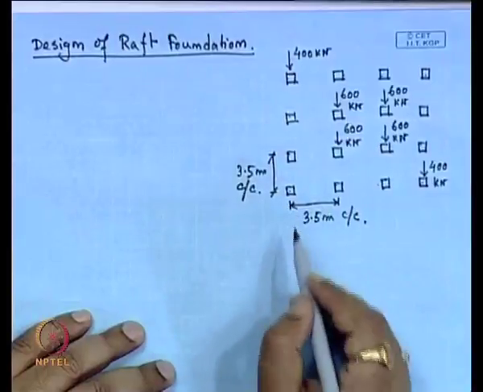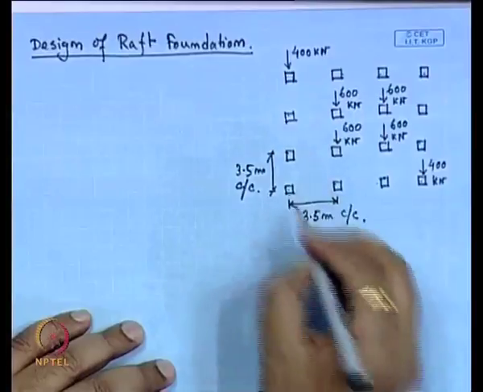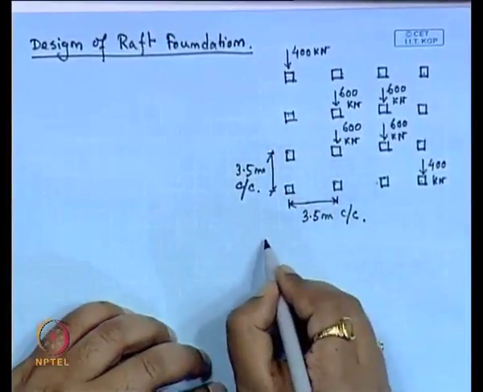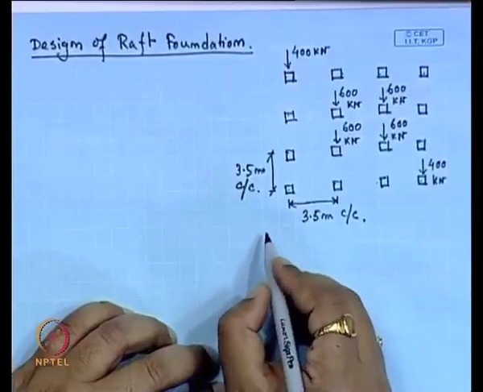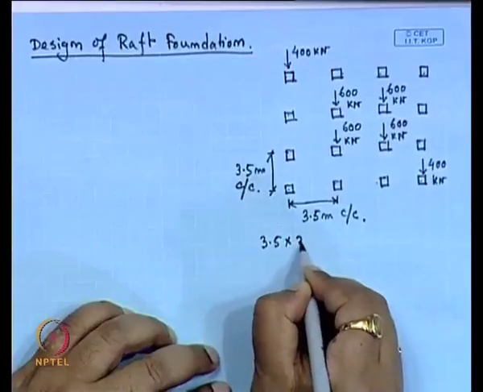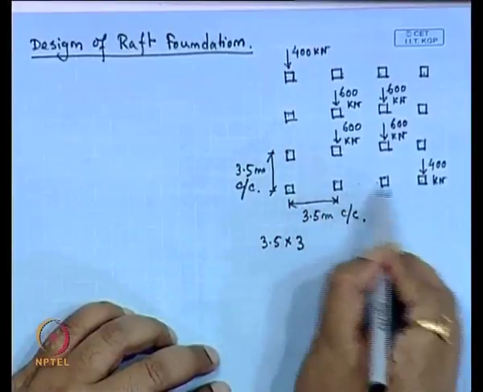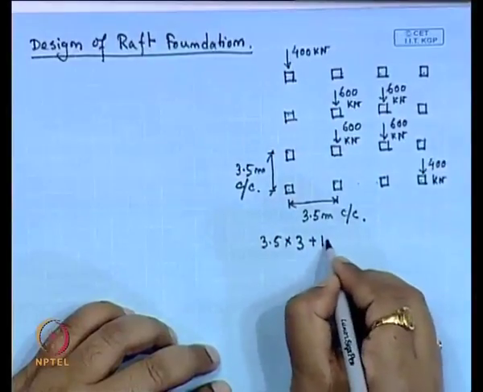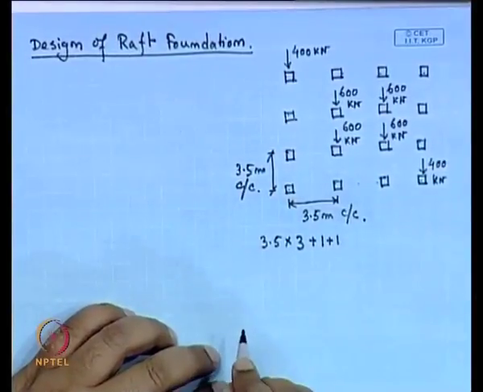Now, first we will choose the dimension of the footing: in this x direction the dimension is 3.5 into 3, because there are 3 spans, 1 2 3, and then we choose initially 1 meter on each side.